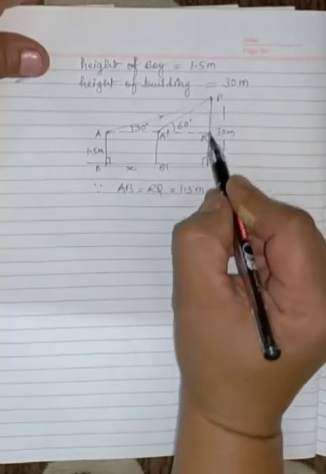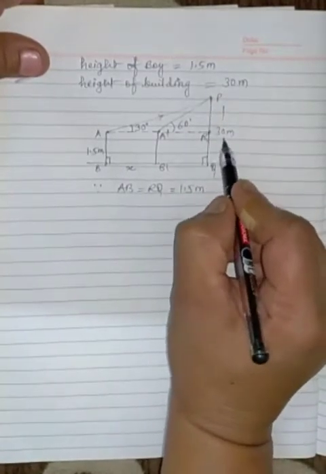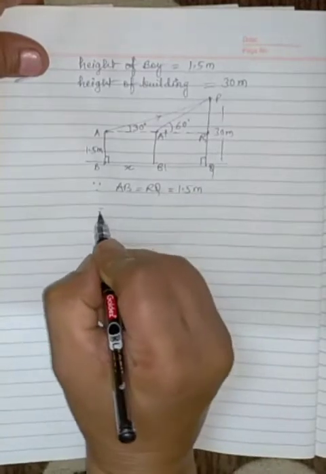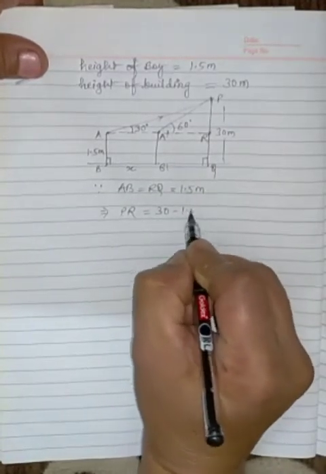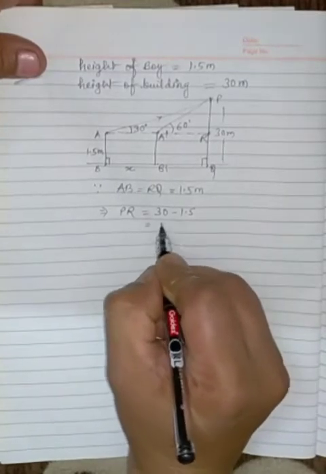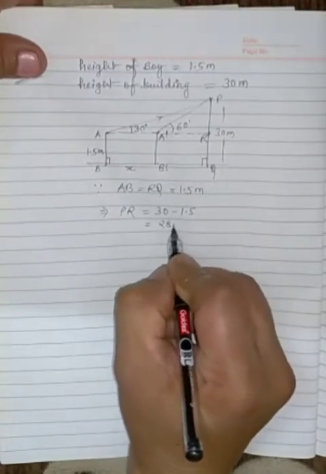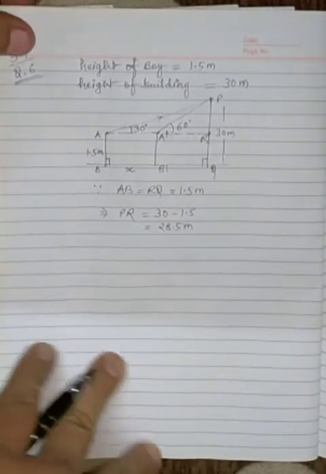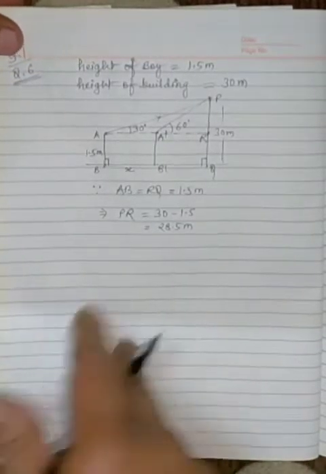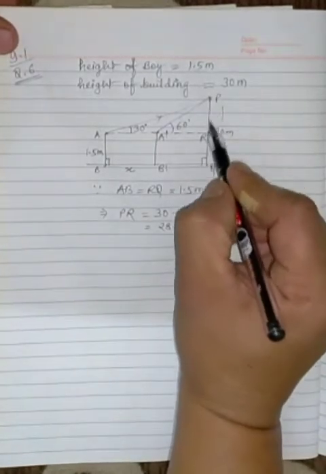As total height of PQ is 30 meter, PR is equal to 30 minus 1.5, which is equal to 28.5 meter. That means in calculation, the height which we are going to use is 28.5 meter.